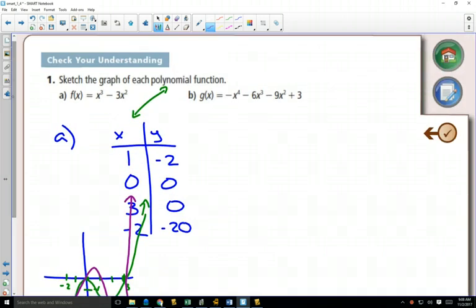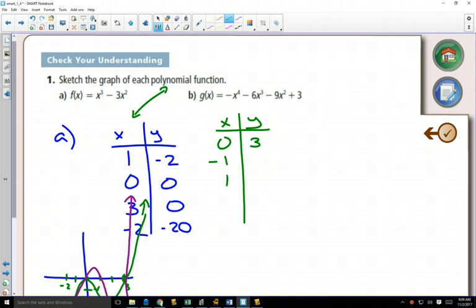For our x to the 4 graph, table of values. What are some easy ones to calculate? 0. What do you get when you get 0? Positive 3. Perfect. What's another value that might be easy to calculate? -1 and 1.